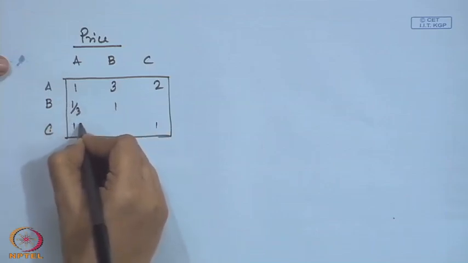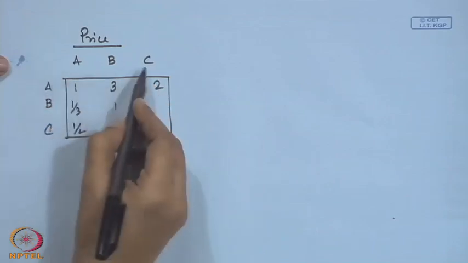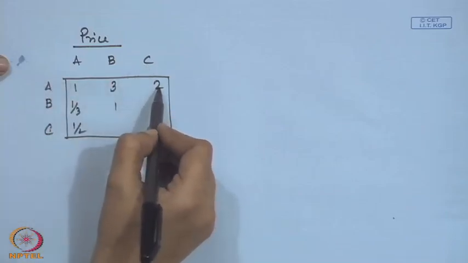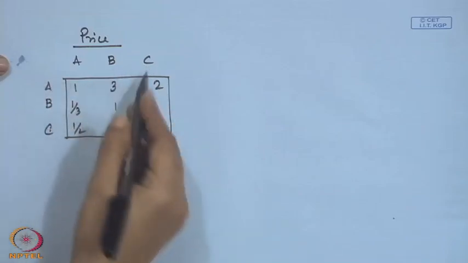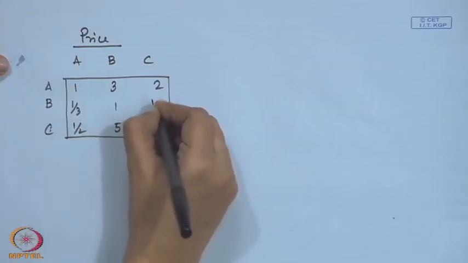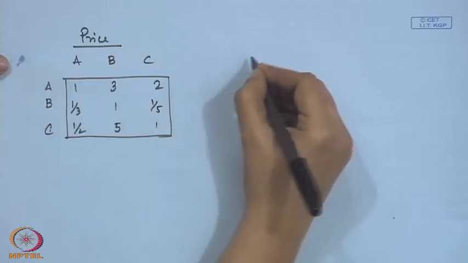If the importance of A compared to C is 2, then the importance of C compared to A is 1 by 2, that is the idea, and this is 5, this is 1 by 5. This is the information regarding price.